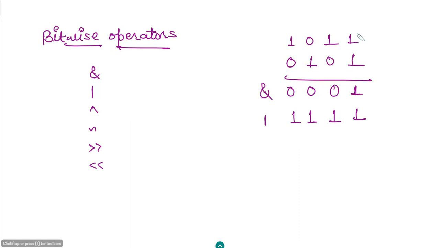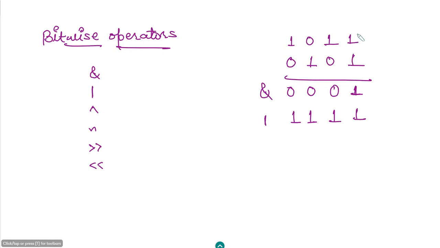Now moving to the XOR operator, it will copy a bit to the result only when the bit is present in only one operand, not both operands. Let's talk about the first bit. In the first operand the bit is present, and in the second operand the bit is also present.